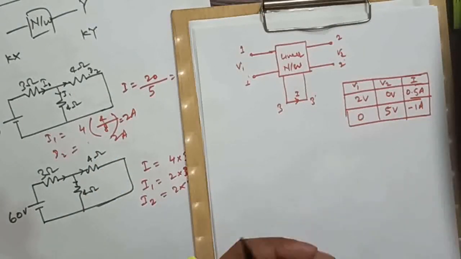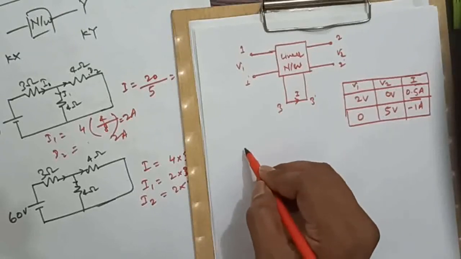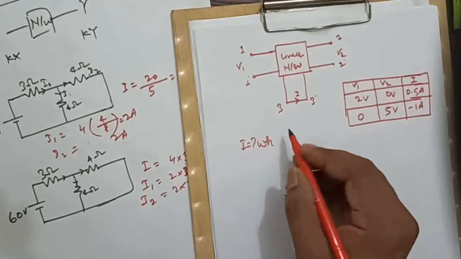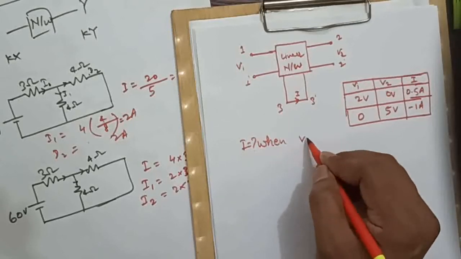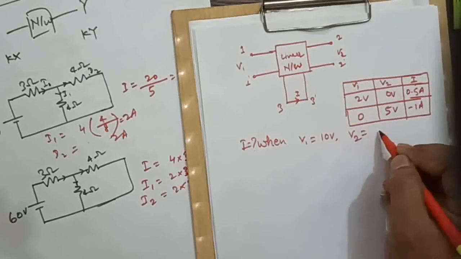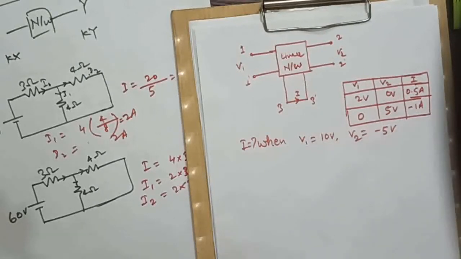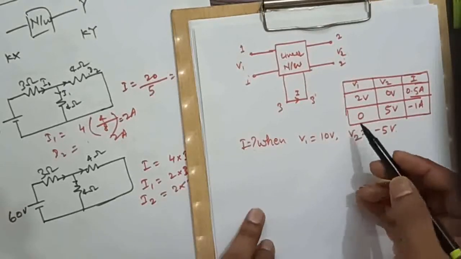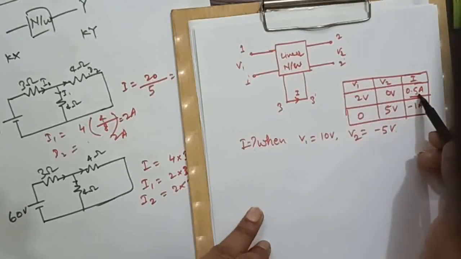Now the question is, we have to find I when V1 is equal to 10 volts and V2 is equal to minus 5 volts, right? Now see, since V1 is 2 volts, the current is 0.5 ampere.